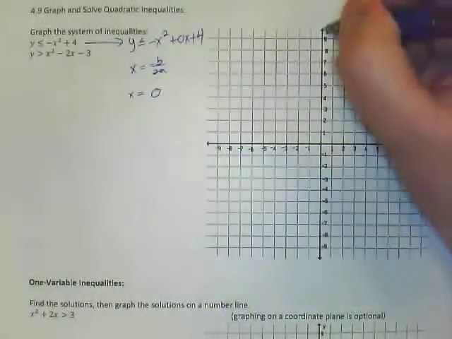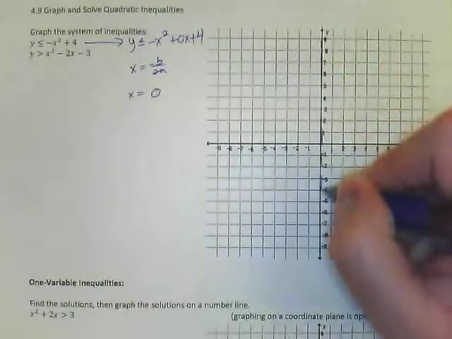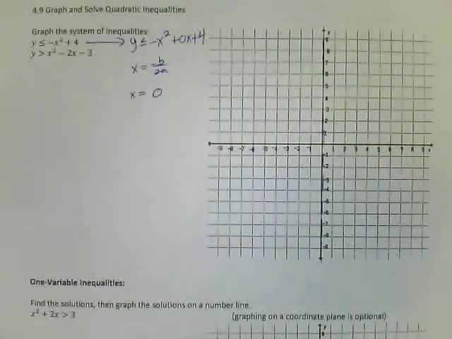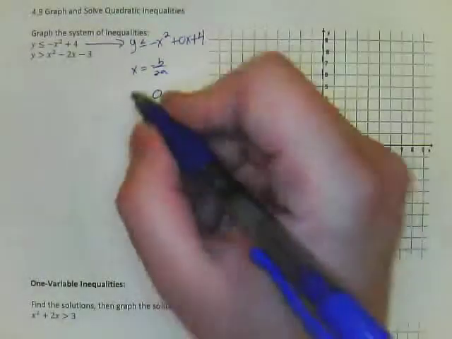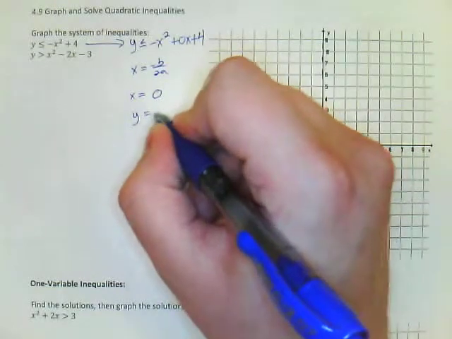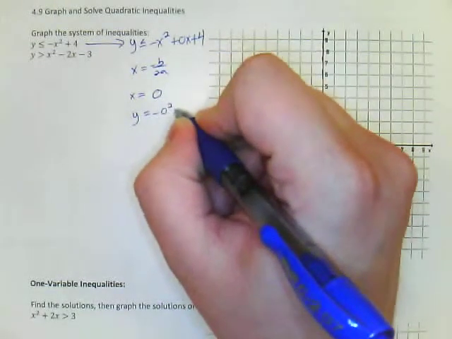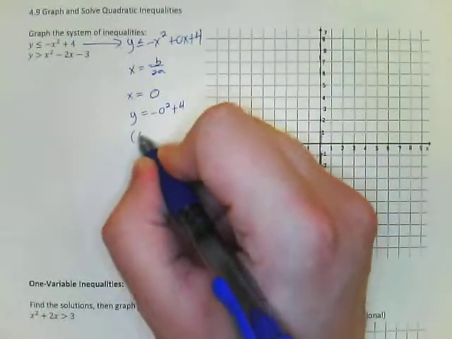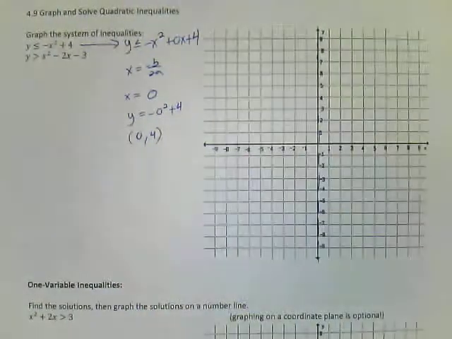So the line of symmetry for this one is x equals 0. It's the y-axis. So then if we want to find the vertex, we take that x value of 0 and plug it in. So we get y is equal to negative 0 squared plus 4. Well, that's just 0 plus 4, which is 4, so that's the coordinate point 0, 4.